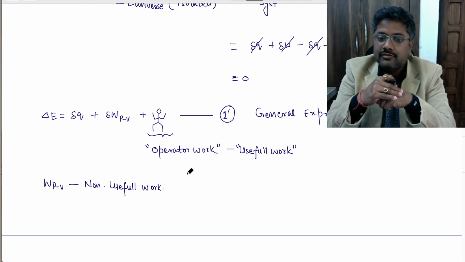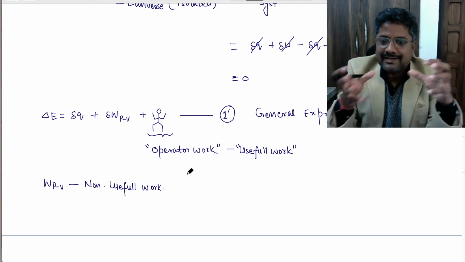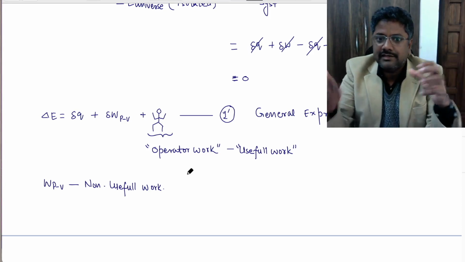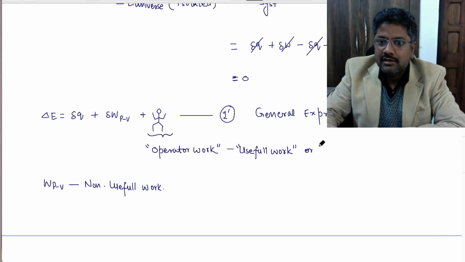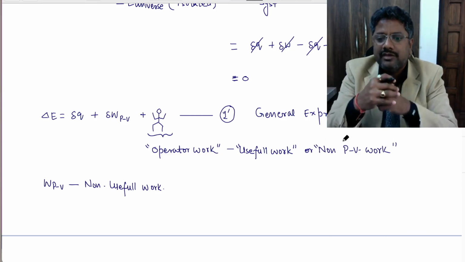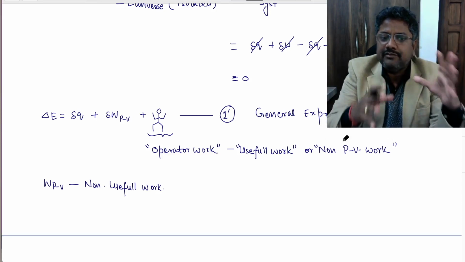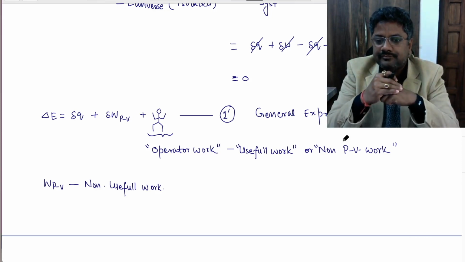It includes any kind of work, so we can classify work as PV work and non-PV work. So non-PV work you can call operator work or useful work, and PV work is non-useful work.